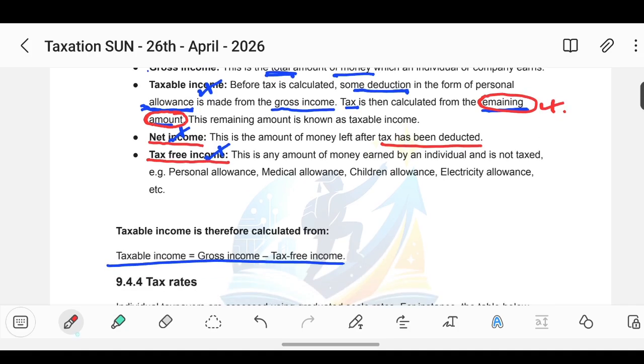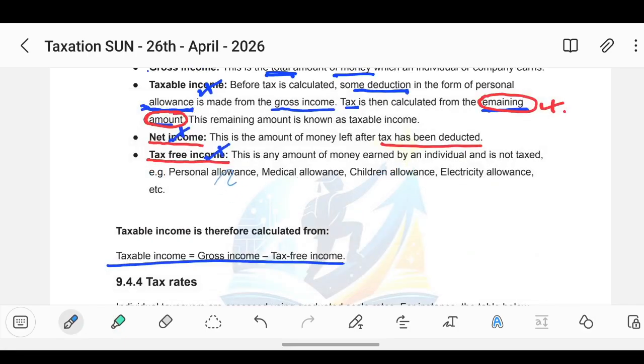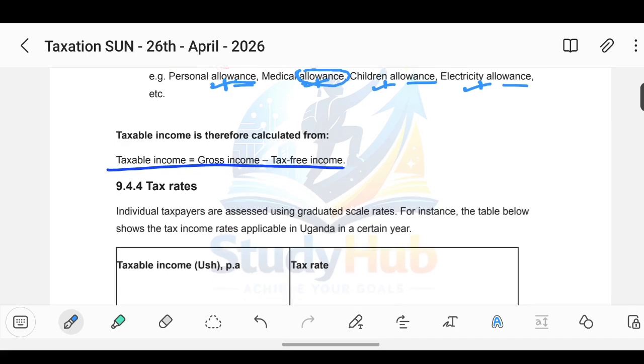And under tax-free income, we are having personal allowance, medical allowance, children allowance, electricity allowance, etc. Everything that you're seeing having allowance, that one is tax-free income and it's not taxed.